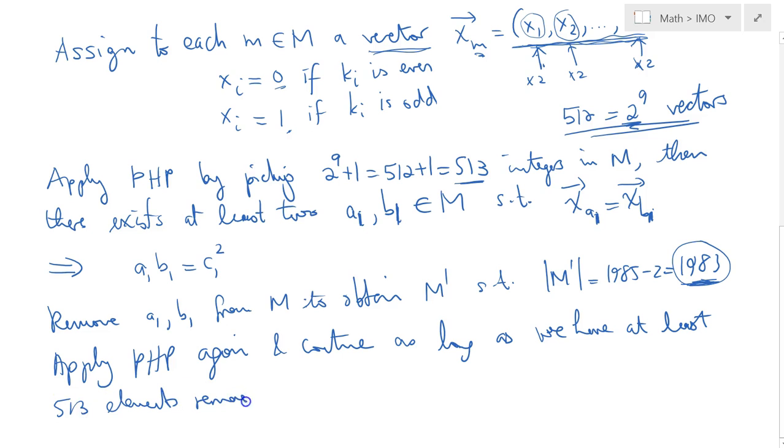Each time we apply it, we find 2 elements with the same representation, their product will be a perfect square, and we remove them afterwards.